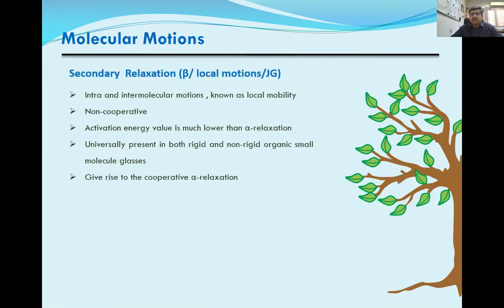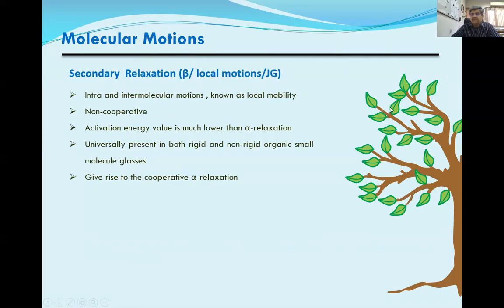Now this is an interesting diagram which we are going to look at, this particular tree. So this tree depicts the amorphous system. There are the branches of the tree, and on those branches there are certain leaves.